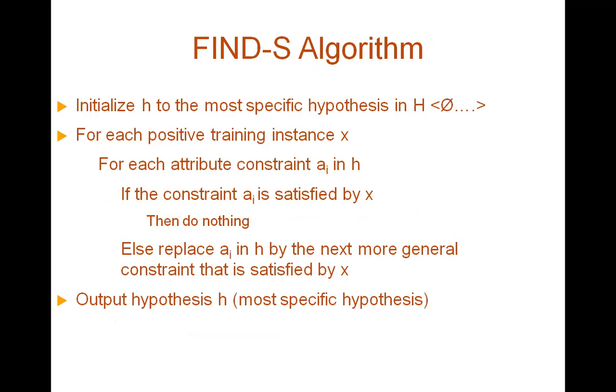In Find-S, always keep one thing in mind. We only consider positive examples, true cases. Find-S will never consider a negative example. In our data set itself, we had 4 examples, 3 positive and 1 negative, but Find-S considered only positive examples.